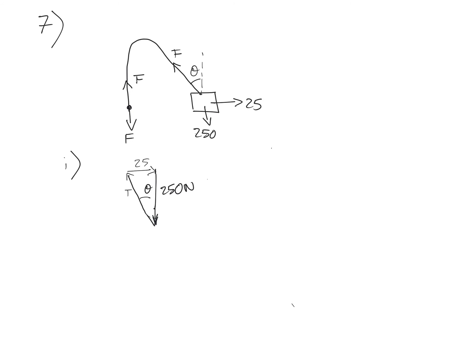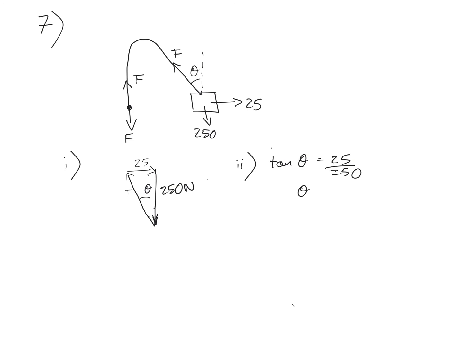Okay, so part 2. Find F and theta. So we know that tan theta equals opposite over adjacent, 25 over 250.